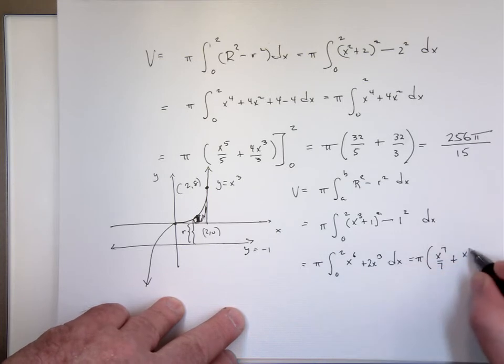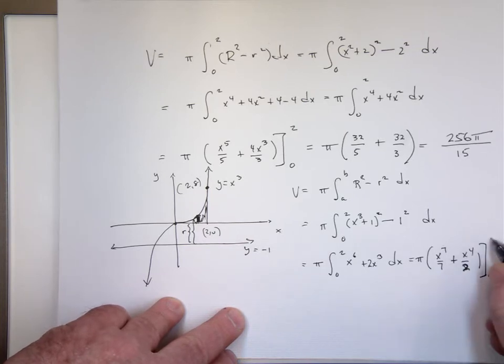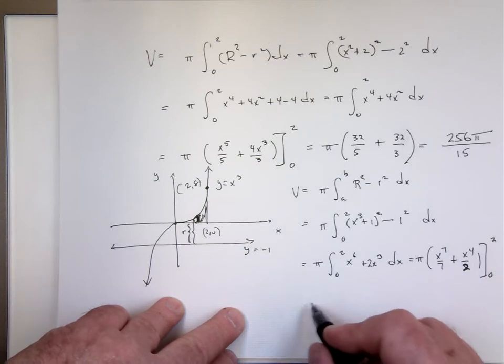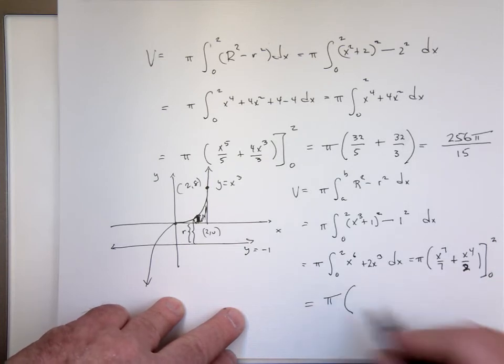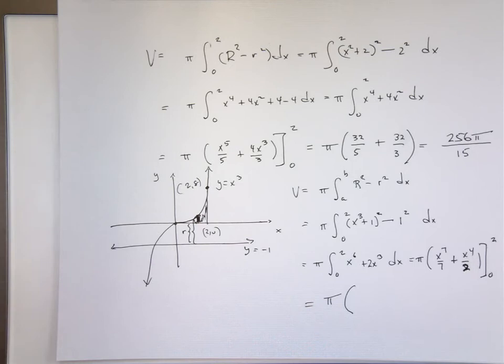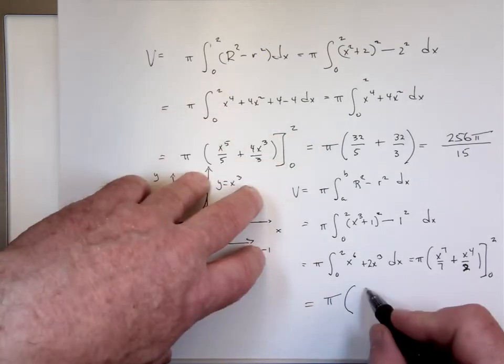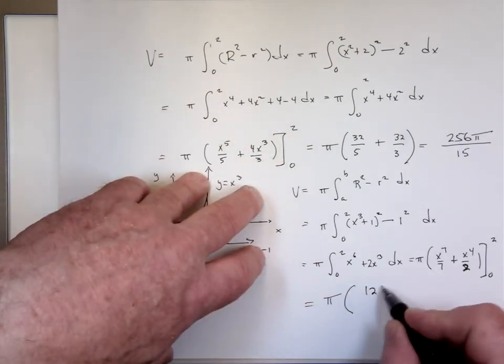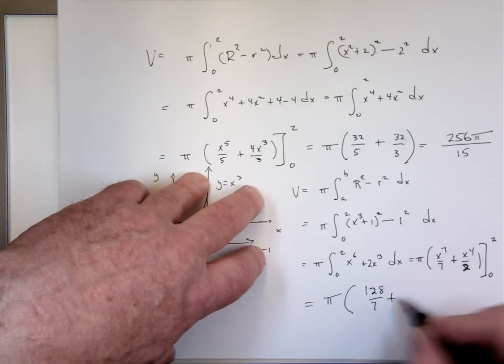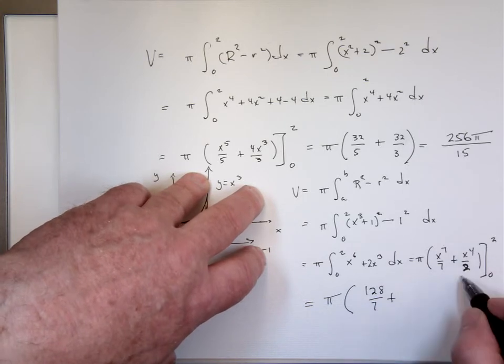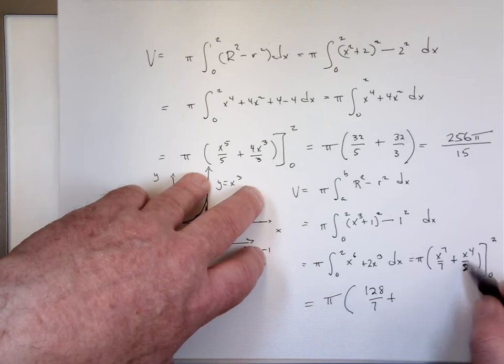Knock out some 2's. 0 to 2. Okay? So we get pi. We get 2 to the 7th. That's 128, I think, over 7, plus 2 to the 4th is 16 over 2, which is 8. And the zeros give us 0.